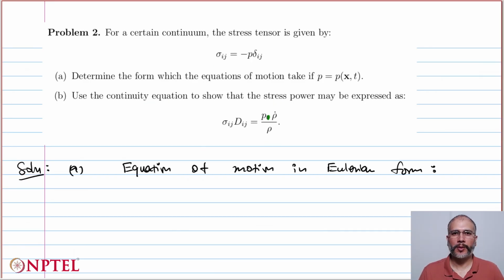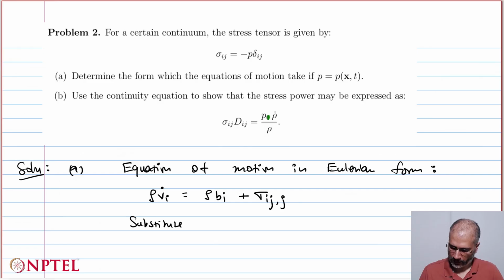So since we are working with the Cauchy stress tensor, we'll write the equation of motion in the Eulerian form, which is given as rho times vi dot is rho bi plus sigma ij comma j. So we'll substitute sigma ij here as minus p times delta ij.